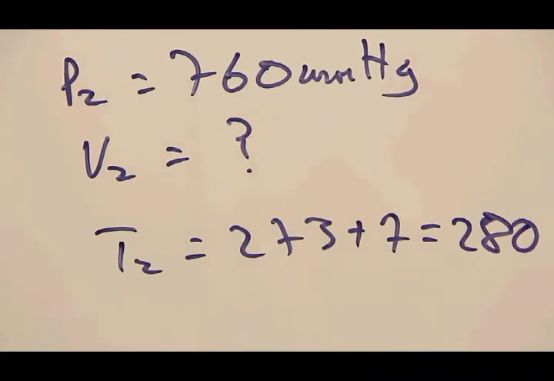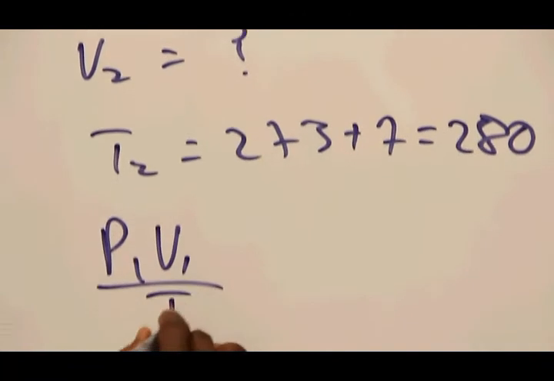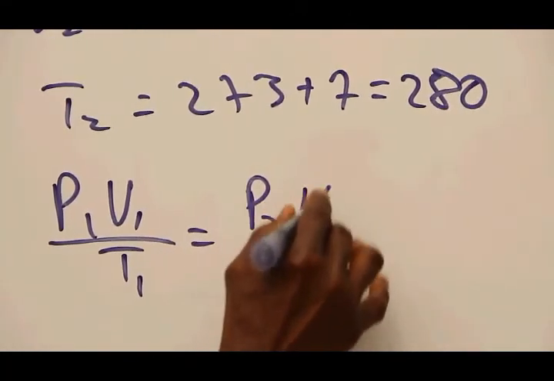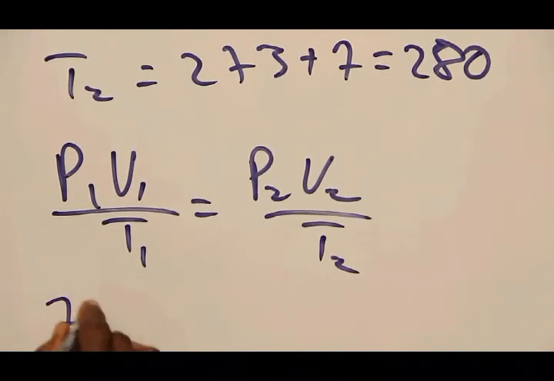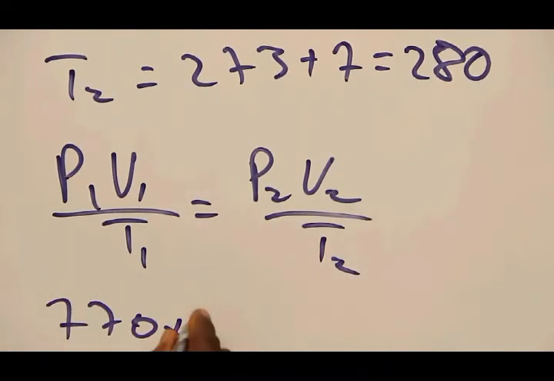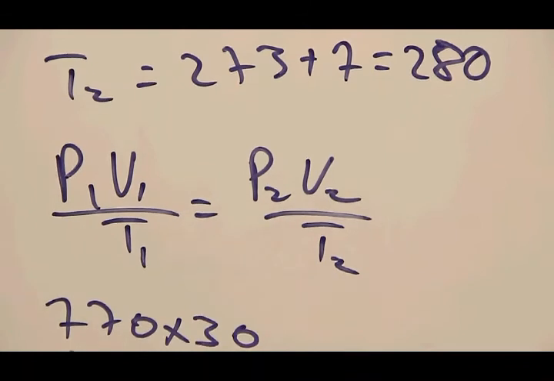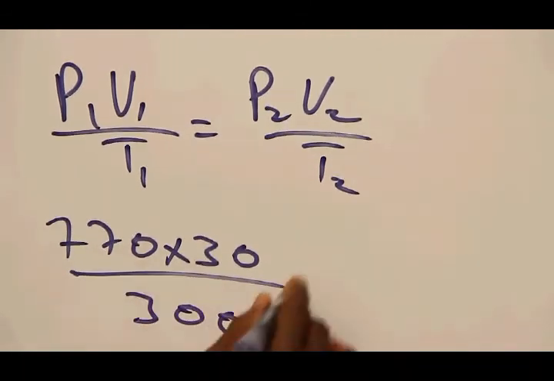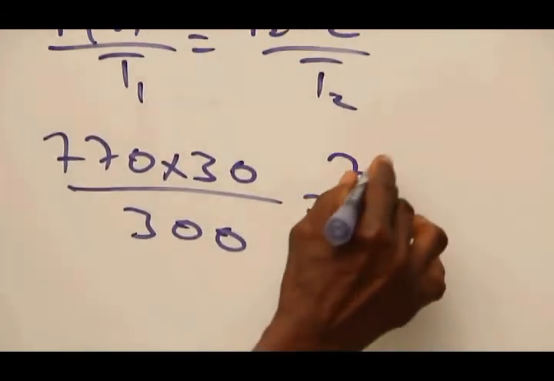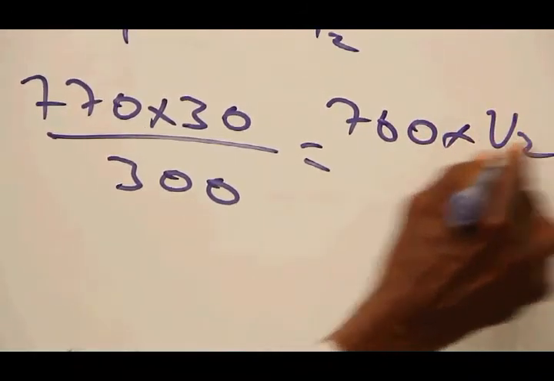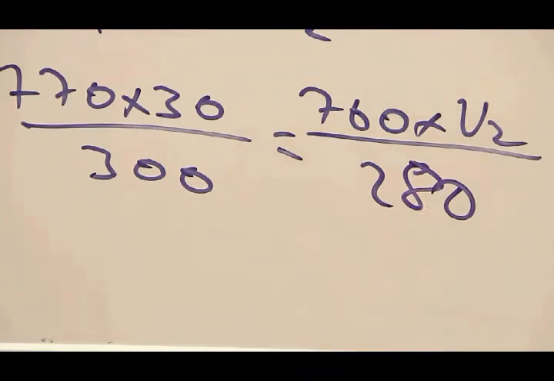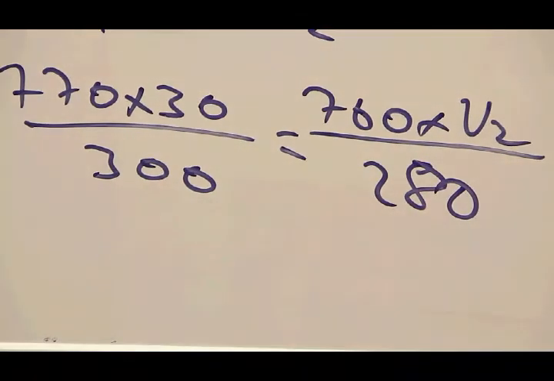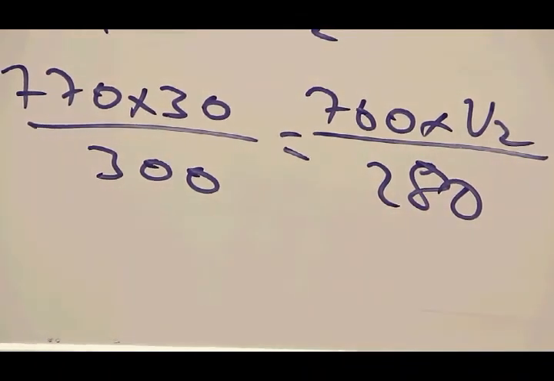So making use of the general gas law that says P1 V1 over T1 is equal to P2 V2 over T2, 770 multiplied by 30 divided by 300 is equal to 760 multiplied by V2 divided by 280.